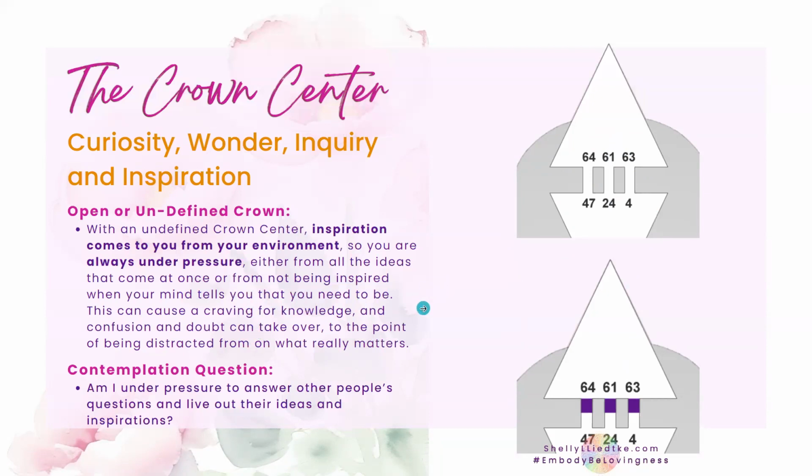I may have messed up my charts just a little bit, my notes. I'll just go over it. So when there's an open or undefined crown center, then there's a variable way of knowing what you're certain about, of being open to other people's inspirations.